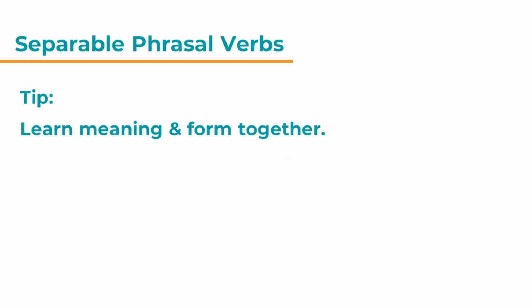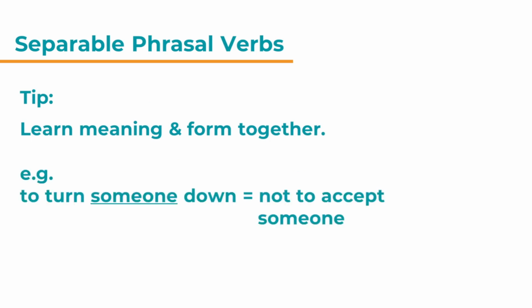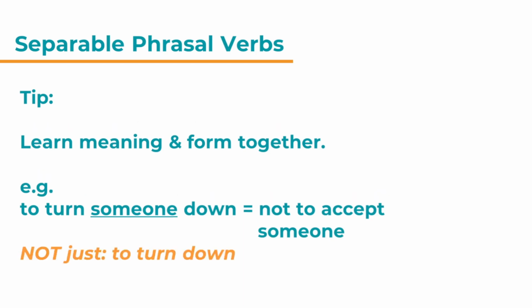My tip: learn meaning and form together. What do I mean? I mean, for example, if you come across this word, turn someone down, learn it like this: to turn someone down. And also the meaning, not to accept someone, instead of just learning to turn down.